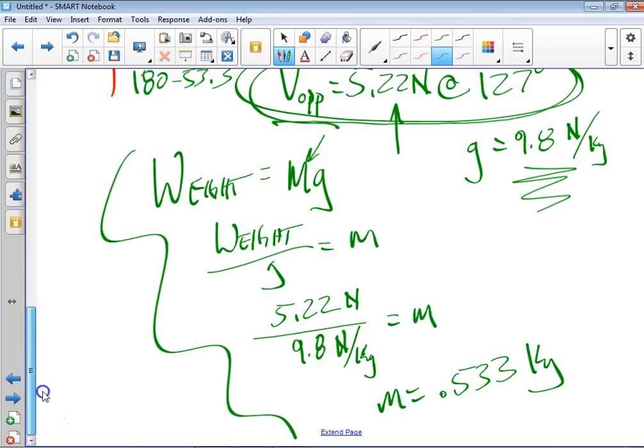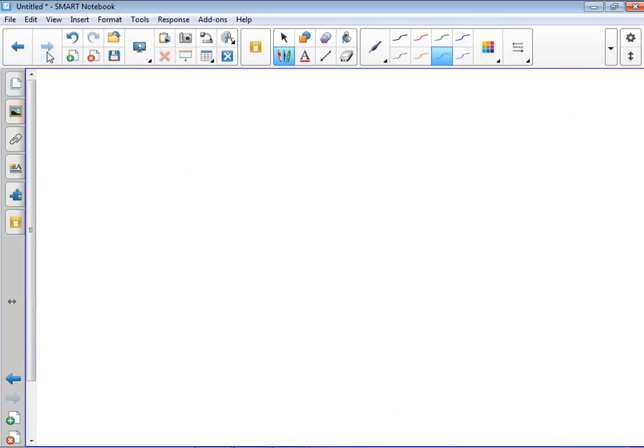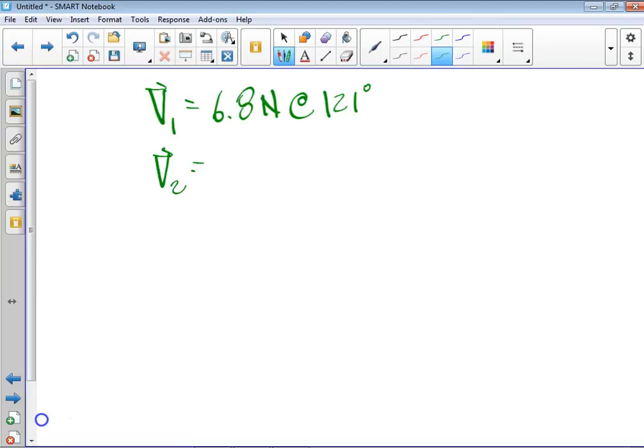I recommend, let's do this. I'm going to throw out a couple of vectors here. So here's the example I want you to do. We'll call vector 1, 6.8 newtons at 121 degrees. Vector 2 will be 7.2 newtons at 15 degrees, fourth quadrant.